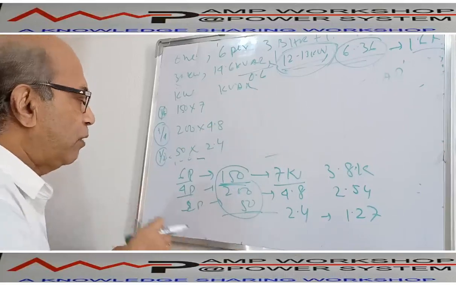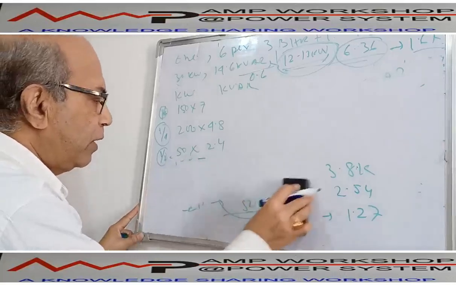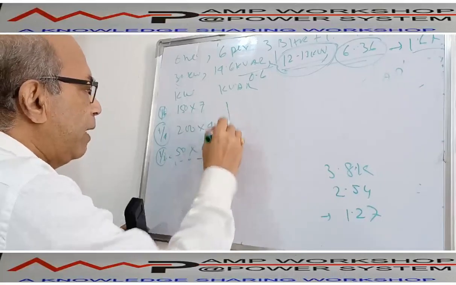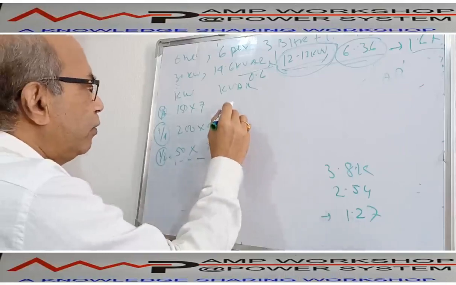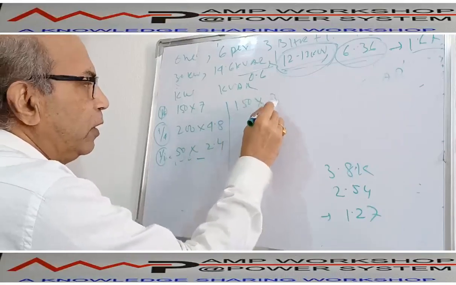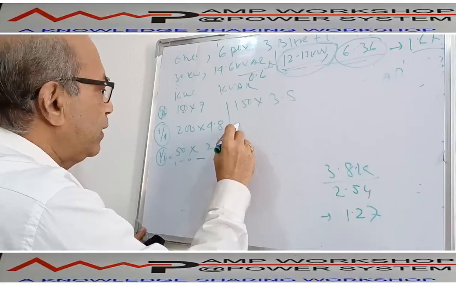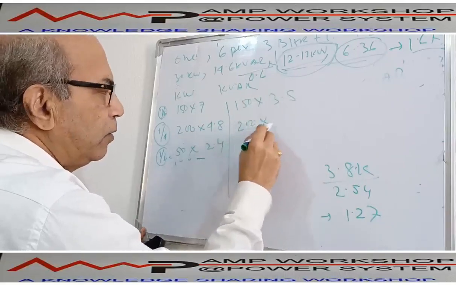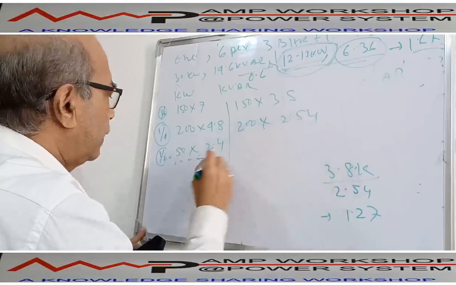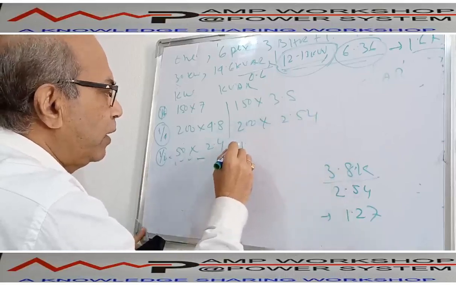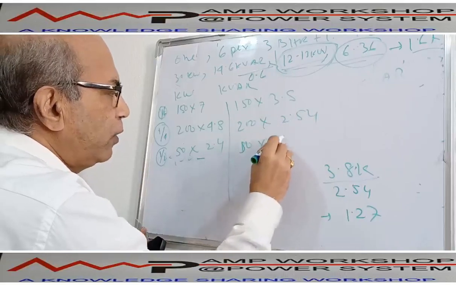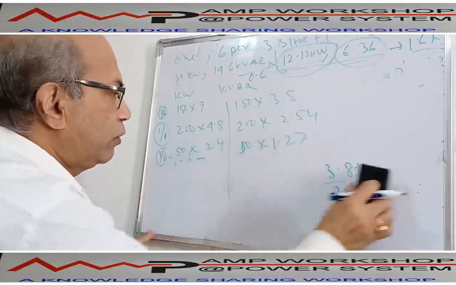If we sum all these, we'll get the total kilowatt. And similarly kVAR: kVAR is equal to 150 into 3.8 for one apartment. Then this type of apartment, 200 into 2.54. And the third group, 50 into 1.27. So this will be the total.